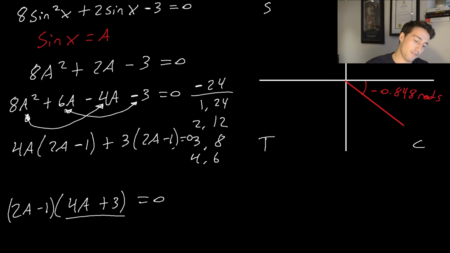So again, we have to actually get the value that accounts for this one. So it's going to be 2 pi minus that. And sine of x is also negative in this quadrant here. So we're going to find this value here, where this reference angle is 0.848.